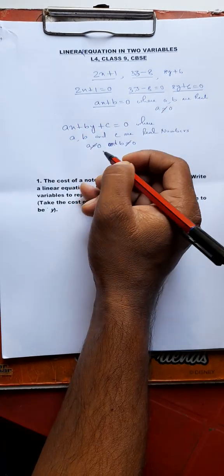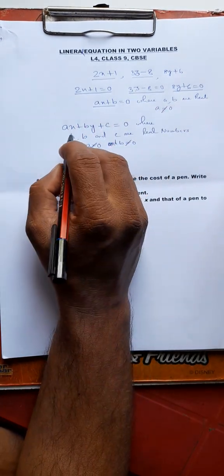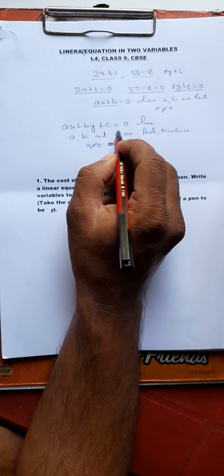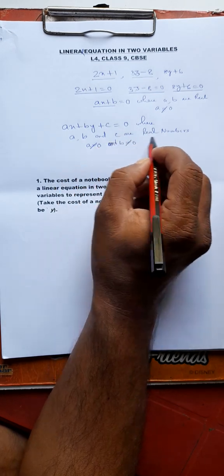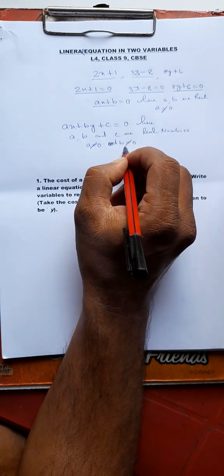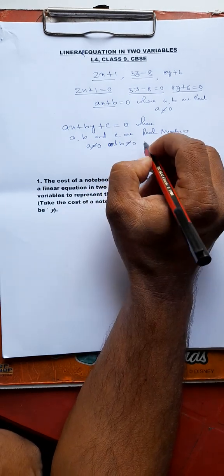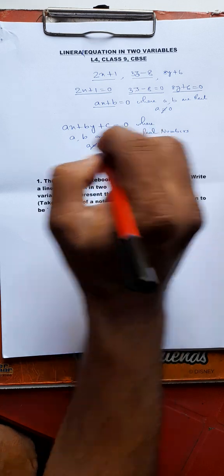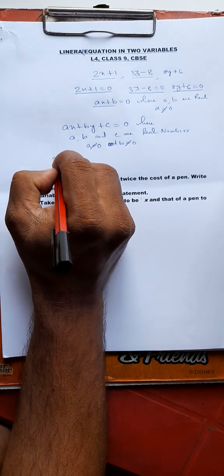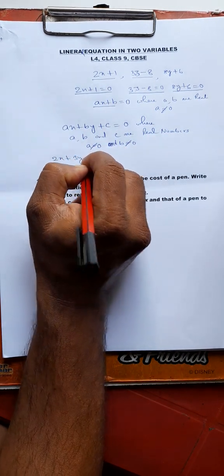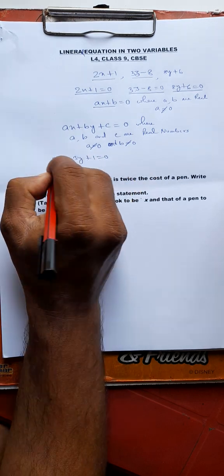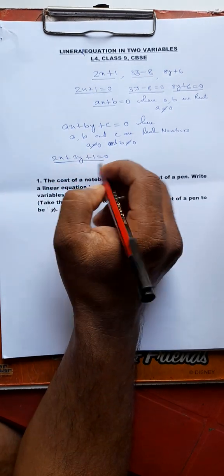Now, a linear equation in two variables can be written as ax plus by plus c equal to 0, where a, b, c are real numbers and a and b are non-zero. Say for example, 2x plus 3y plus 1 equal to 0. This is a linear equation in two variables.